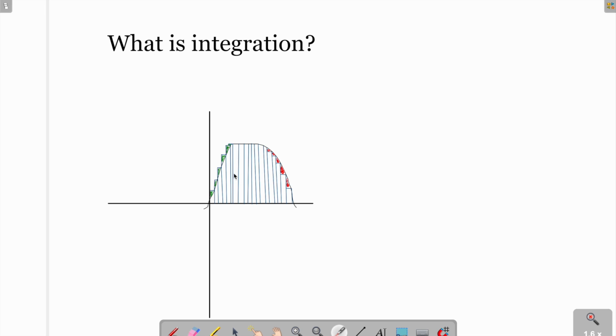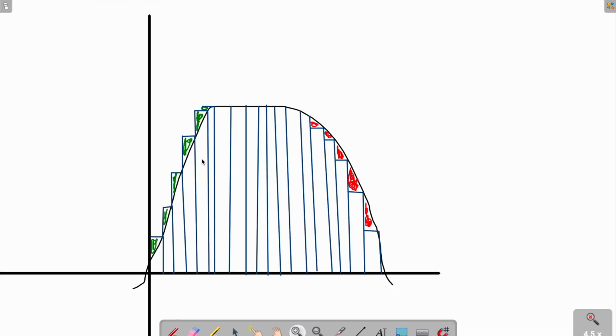All right. So let me zoom in a little bit. Each rectangle represents an area of a rectangle. We use multiple of them, as can be seen here, to provide a guesstimation of the area under the curve.